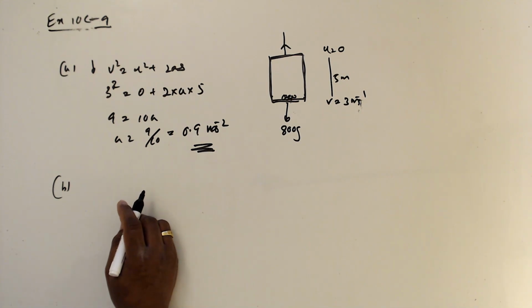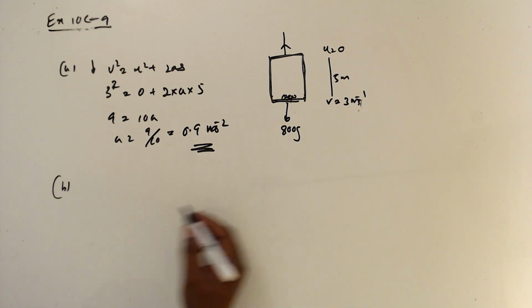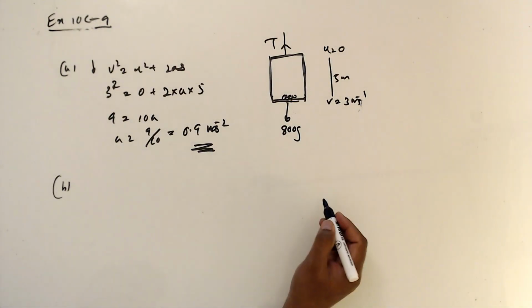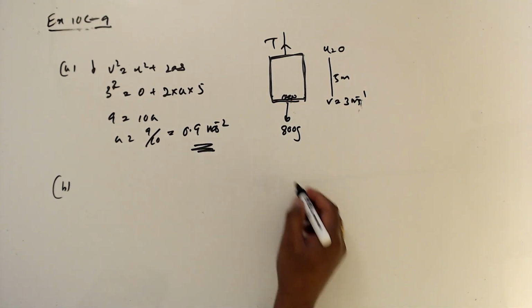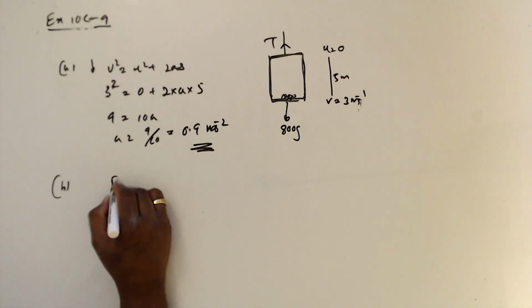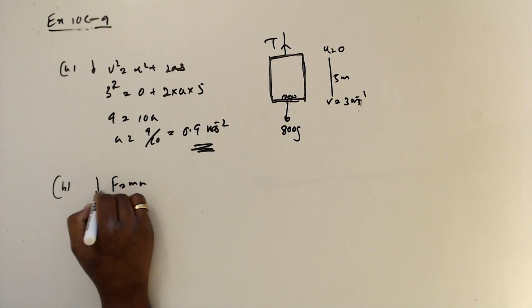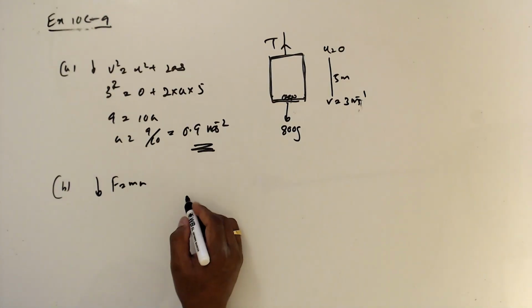The tension of the cable if the lift is moved vertically downwards. So tension, let's say T. If it is moving downward, we'll put F equal MA for that journey.